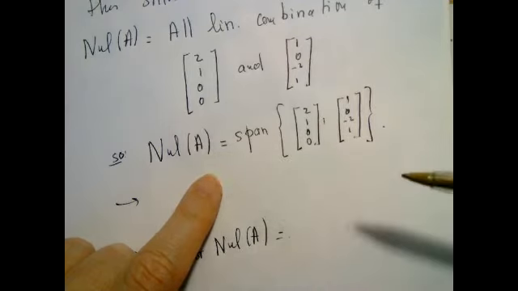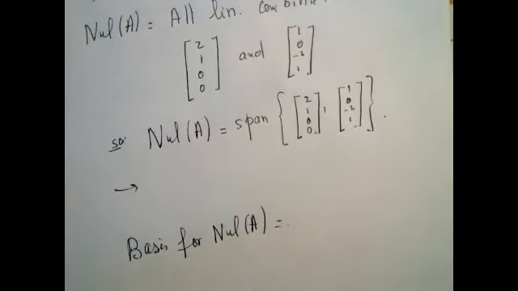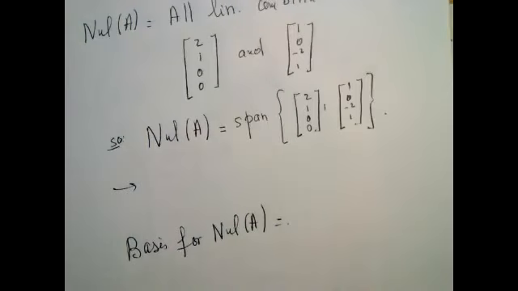So what is the basis for the null space? What are those vectors whose linear combinations give me everything in the null space? What are the candidates? Give it your best shot.